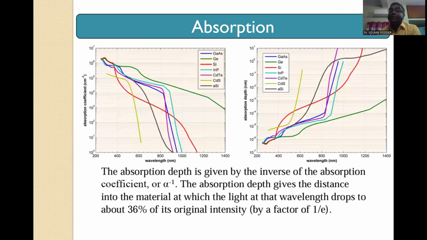Now going to the absorption. Here we have plotted alpha versus lambda. This alpha variation with lambda is basically material specific.